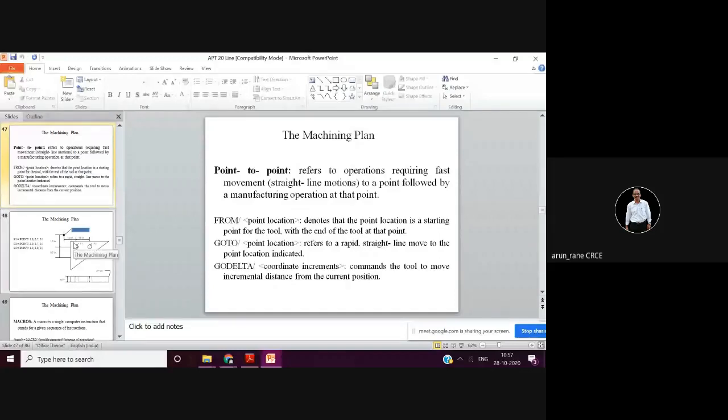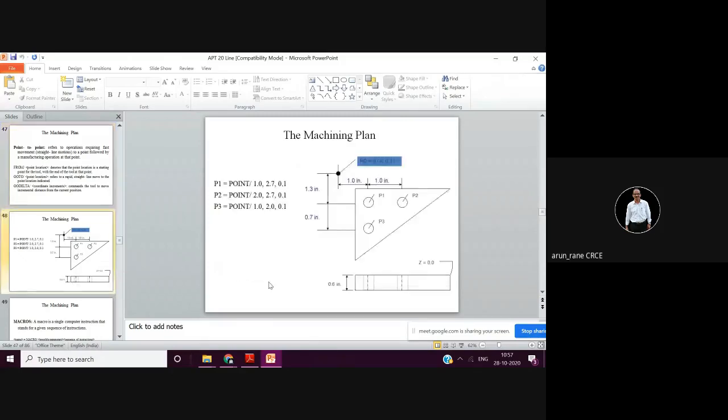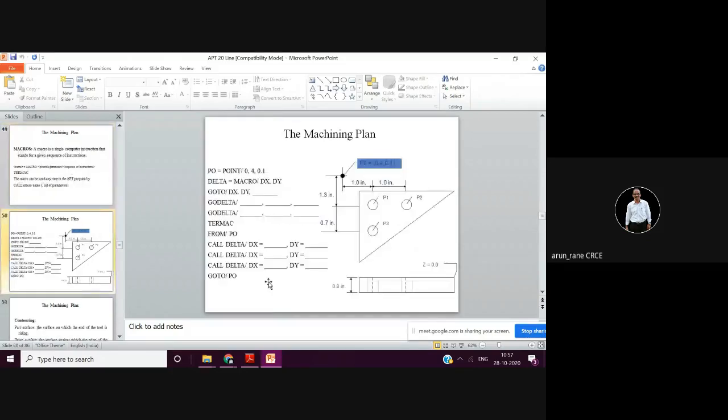Obviously from will be followed by to. So from this point, you say to, that is go to. And then go delta. Go delta means you will go in feed. So you just draw this diagram and then we'll continue next time.